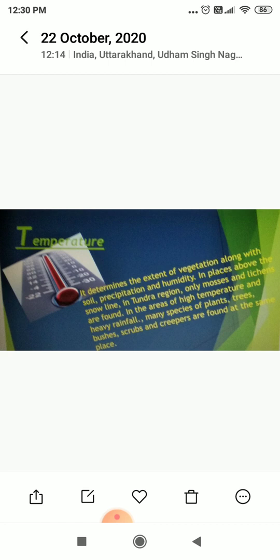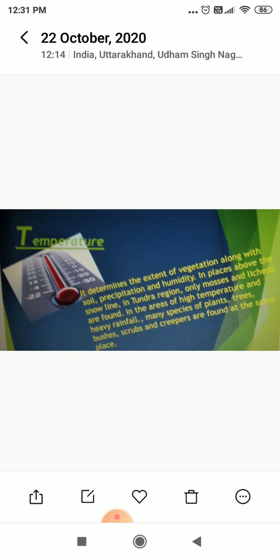In the same way, toward the south, we have the Tropic of Capricorn and the Antarctic Circle, or the South Pole. Temperature in all these areas differs from the torrid region to the temperate region and the frigid zone. This temperature shapes the character and extent of the vegetation grown in these areas, along with humidity, precipitation, and soil.